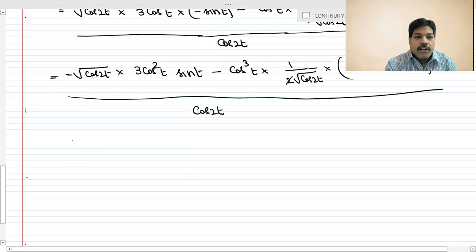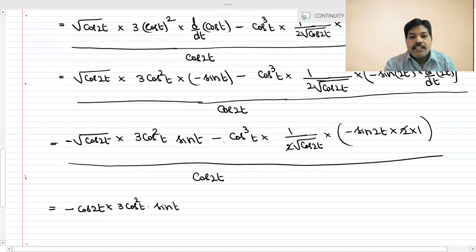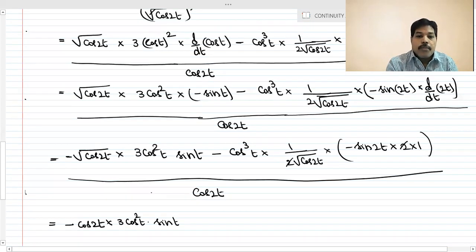So what I will take here, that is nothing but minus root cos 2t into root cos 2t. Why? Because I am taking root cos 2t as the LCM. So root cos 2t into root cos 2t whole square. So it will become cos 2t into 3 cos square t into sin t minus of minus. Here this is the minus cos cube t, and here minus sin 2t is there. Minus of minus, it will become plus.